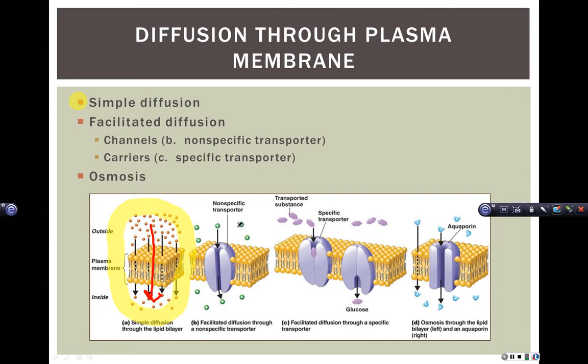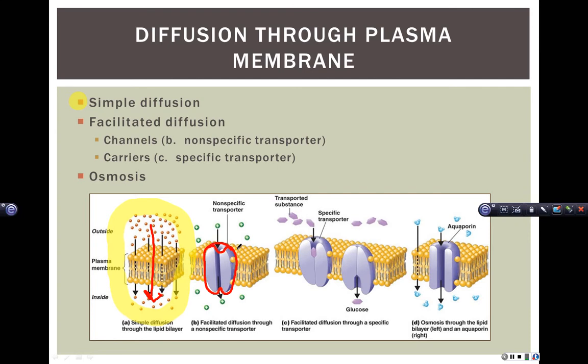Now, bigger molecules, for example, they're going to go through protein channels. There's actually different kinds of integral proteins, but if it's a protein channel where different substances can go through and it's a non-specific transporter, it's basically like a water slide. In fact, they call it an aqueous channel.